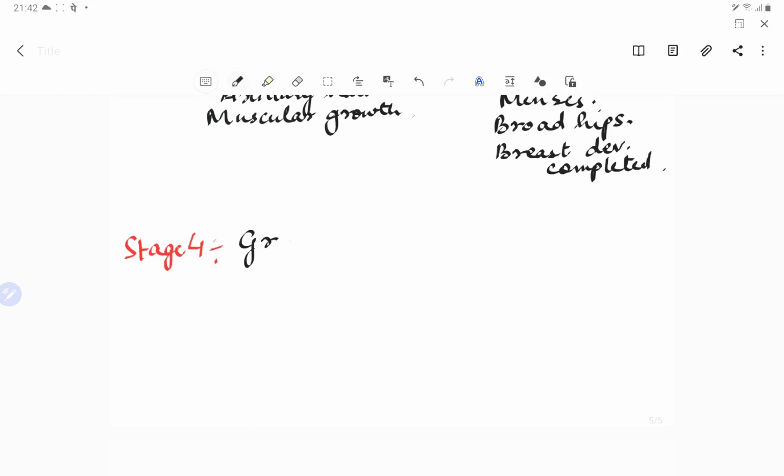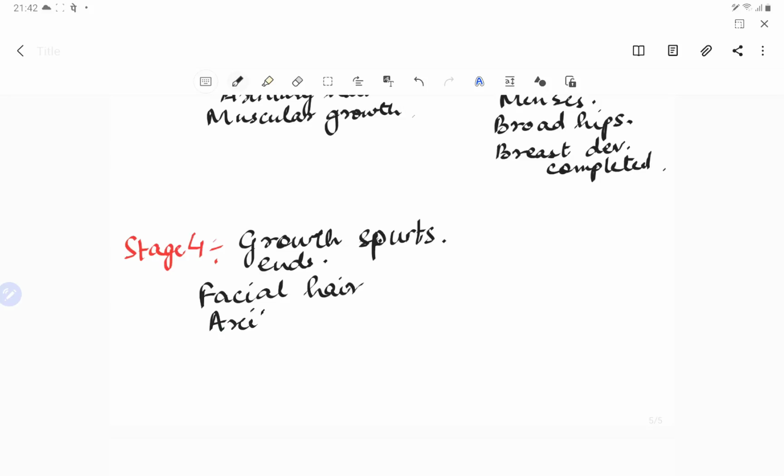And in the boys we see facial hair, pubic hair, axillary hair.